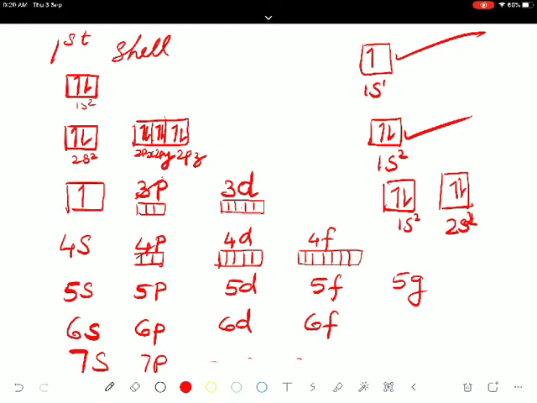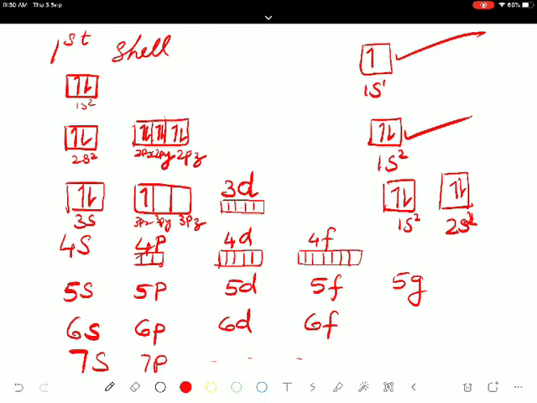Magnesium, pairing, 3s2. Now aluminium. In the case of aluminium, I am going to show this 3p in boxes. So again 3px, 3py, 3pz, this is 3s.